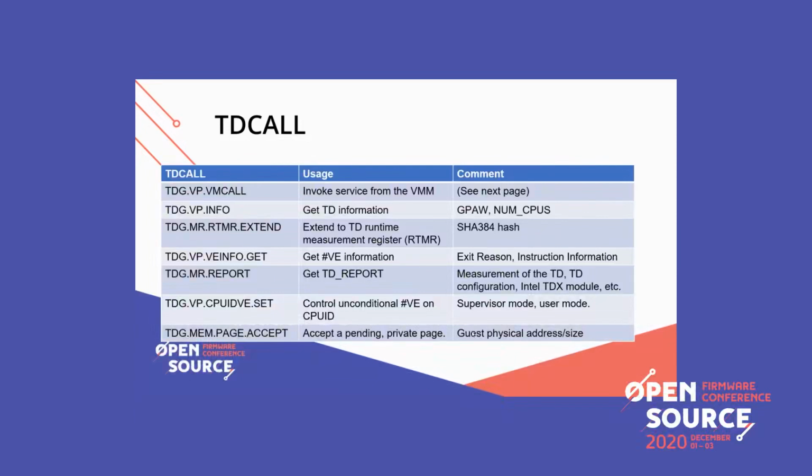The TD report is a measurement of the TD, the TD configuration, the Intel TDX module, etc. TDCALL VP.VEINFO.SET is to control the unconditional #VE on a CPUID instruction. Last but not least important is the TDCALL page accept. This is to accept a pending private page. TDVF will use this one to accept a page declared by the VMM.